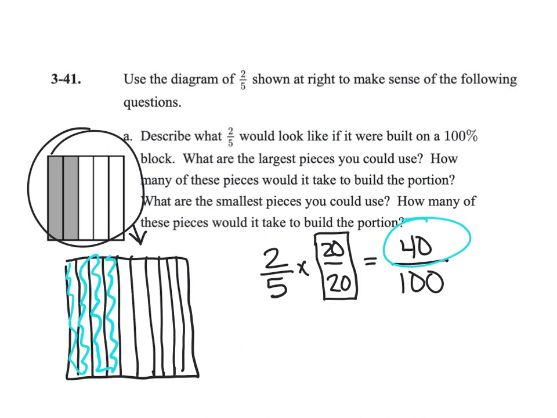All right, so that's how we would fill out the 100% block. And it said, what are the largest pieces we could use? Well, the largest pieces we could use are 10 blocks, right? And we would need 4 of them. What are the smallest pieces you could use? Well, we could use 40 of the 1 blocks, and 10 of these.